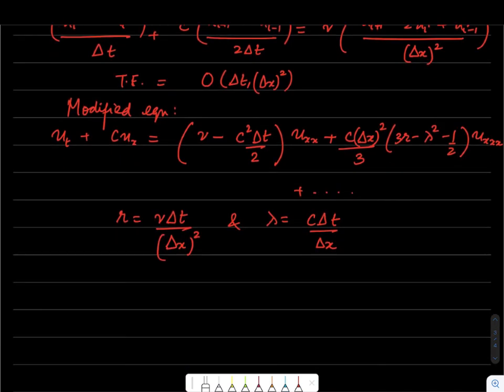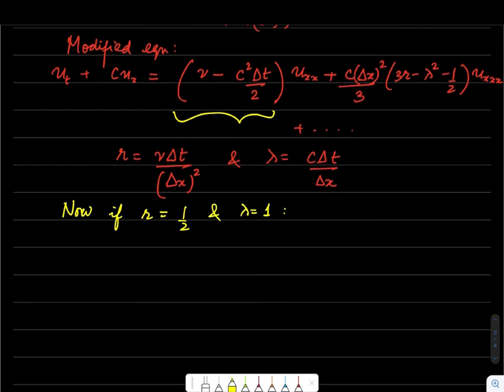So importantly, if you look at this term here and note that if r is 1 by 2 and lambda was 1, this would mean that nu delta t by delta x squared is half and c delta t by delta x is 1.